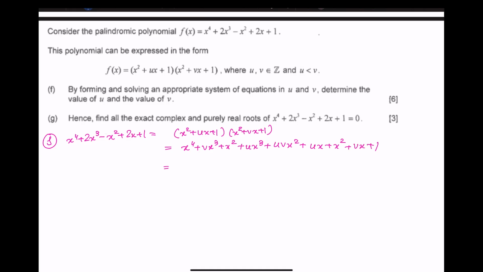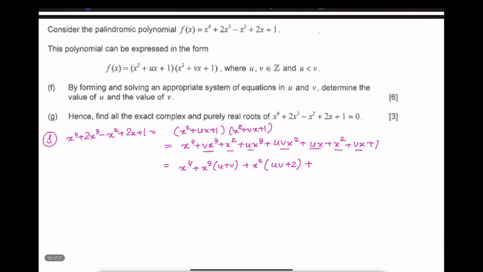Now if I take things common, if I take x cubed common, it will be u plus v. From the x squared term we have these terms, so the x squared coefficient is uv plus 2. For x it's again u plus v, and finally we have 1. So this is exactly equal to the left side.